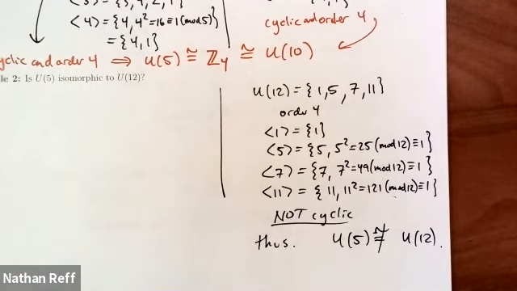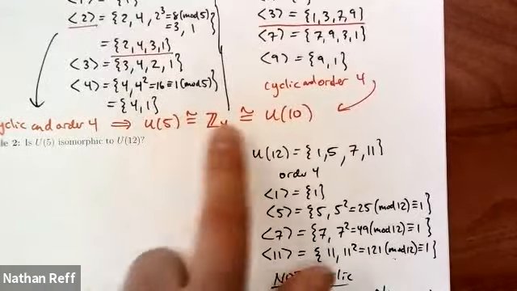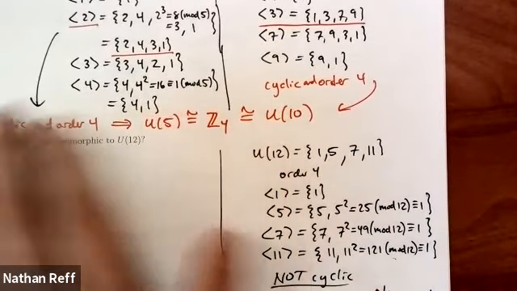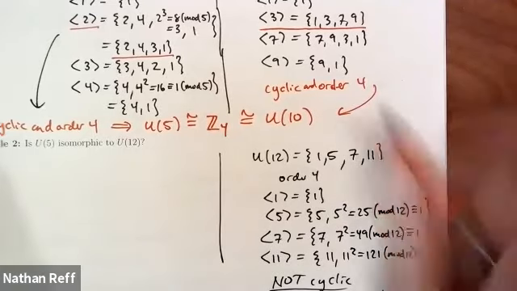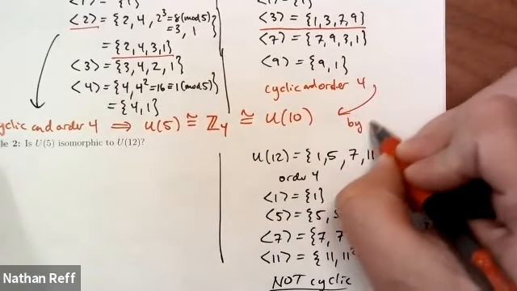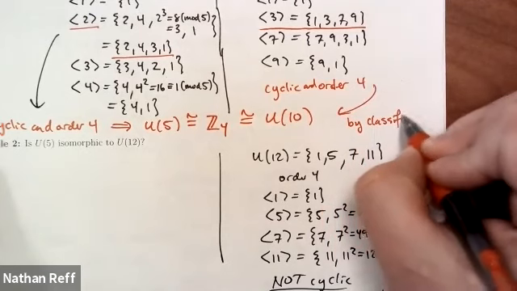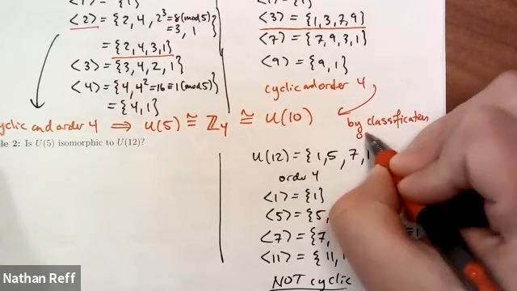Well, one group has this property, the other one doesn't. So they're not isomorphic. But you can also get that they're isomorphic without building a phi because we have that classification theorem. So if you want, you could say by the classification theorem of cyclic groups.